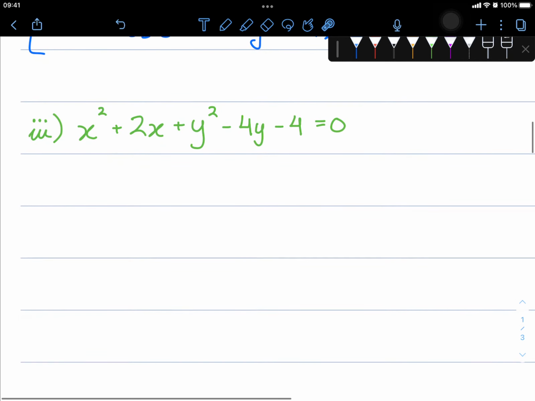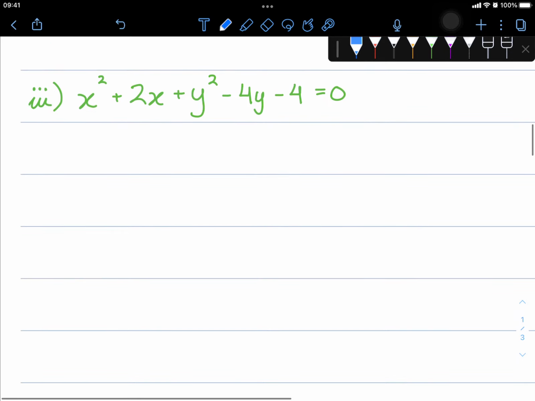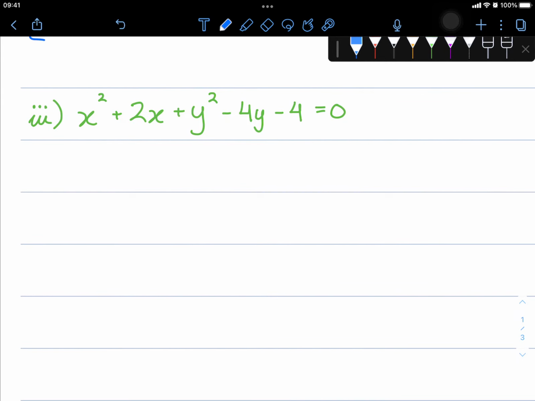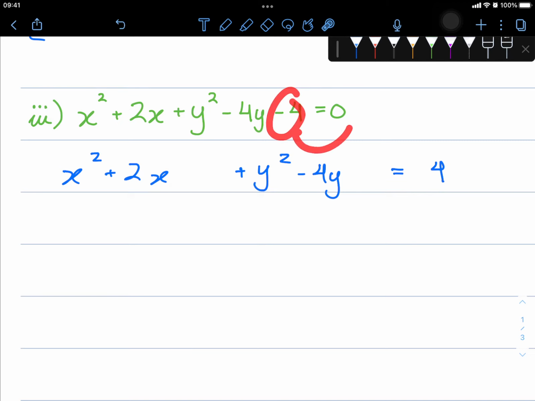Okay, let's do one last example. For this, we need to first make it into unit circle form. So for this, I'm going to rearrange this first. I moved the constant over and left some space for completing the square. Taking half of this and squaring it. So half of 2 is 1.